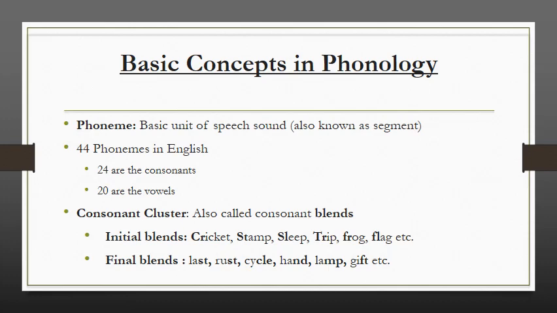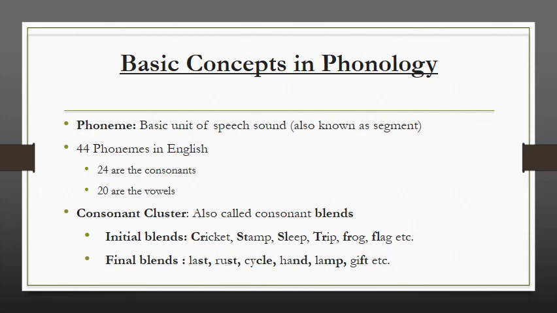First of all, we shall revise or discuss the first concept, that is about the phoneme. As you know, we studied in detail what actually phoneme is, how the phonemes are classified into the consonants and vowels, and what is the total number of phonemes in English. So it's just an overview, a sort of summary about the phoneme. A phoneme is basically the basic unit of speech sound in English.